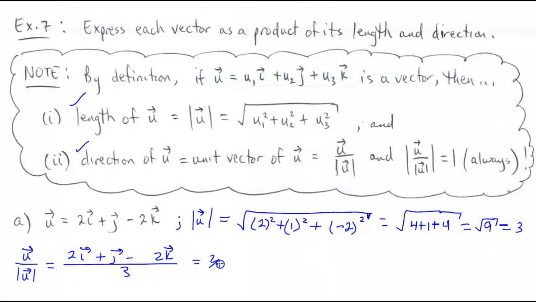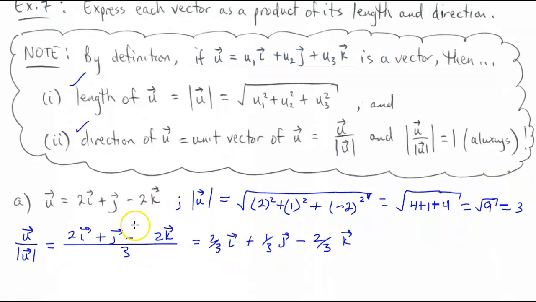So we have 2/3 times the unit vector in the x direction, plus 1/3 times the j direction unit vector, minus 2/3 times the k direction unit vector.